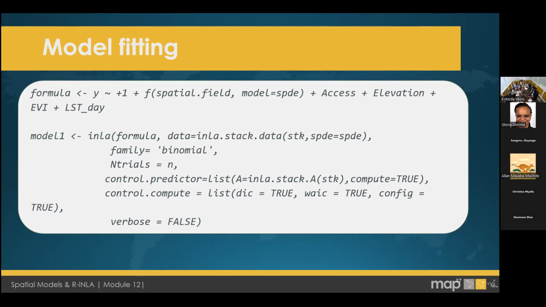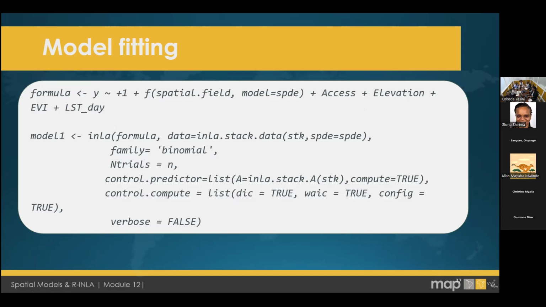Here, the formula assumes that Y can be predicted using an intercept, a spatial part defined by function f depending on your location, and your different covariates that you take into account.